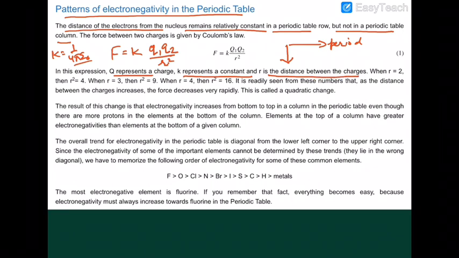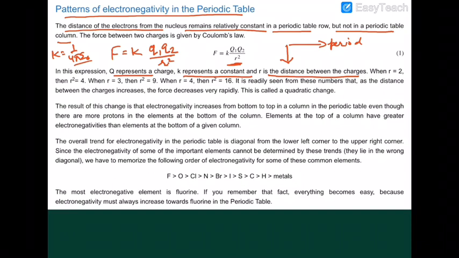Now when R equals 2, R square is 4. When R equals 3, it becomes 9. If R equals 4, it becomes 16. So distance is very, very important, because if R becomes double, the force becomes 1 by 4. If R becomes 3 times, the force becomes 9 times less.